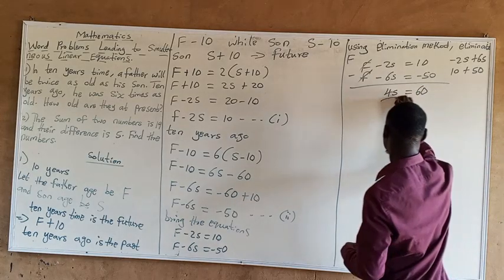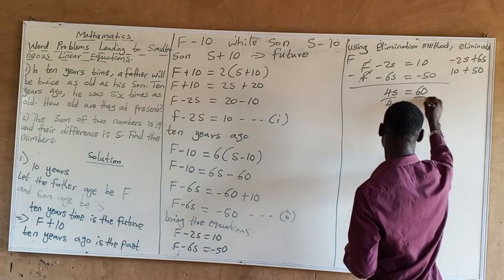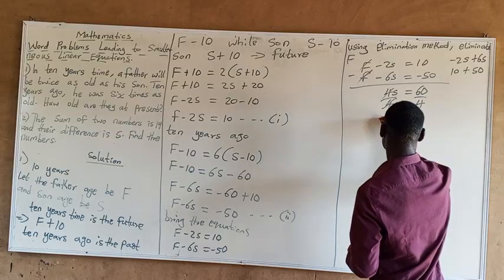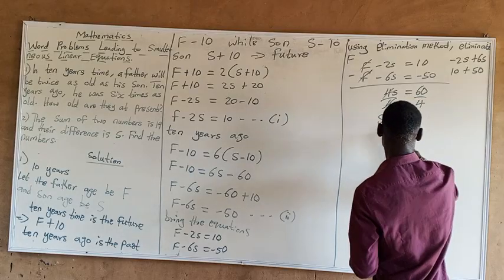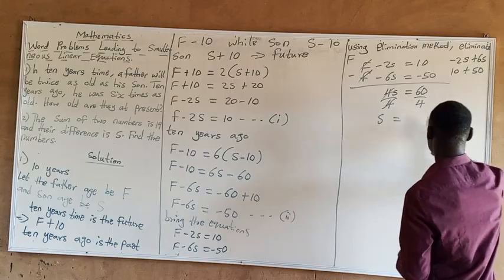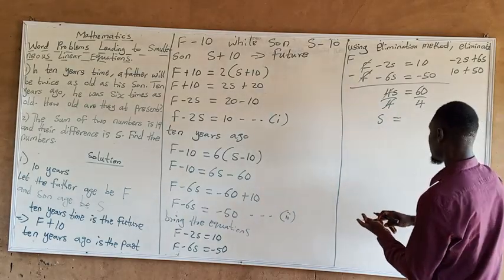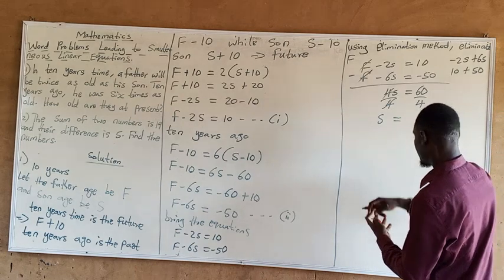We divide both sides by 4. We divide both sides by 4. S is equal to, now if you check very well, 15 plus 15 is 30, plus 15 plus 15 will give us 60.